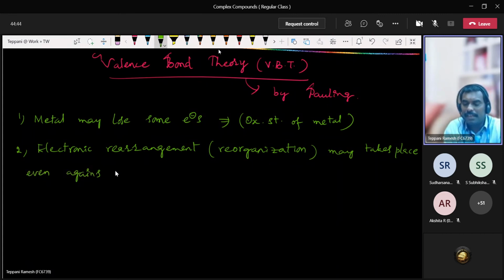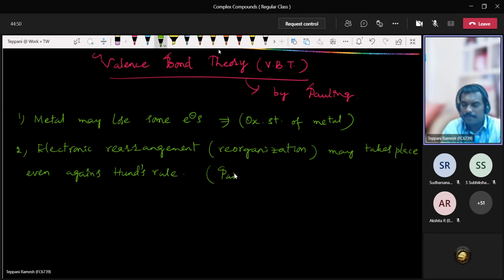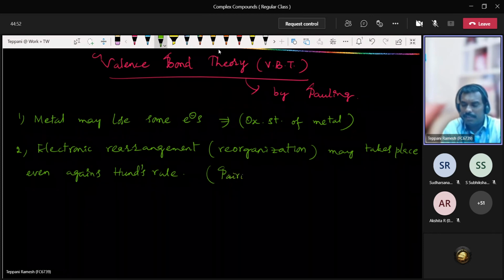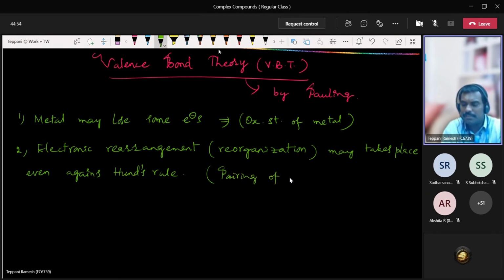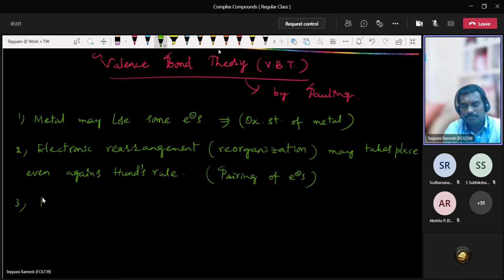Pairing of electrons can occur even against Hund's rule, based on the situation.